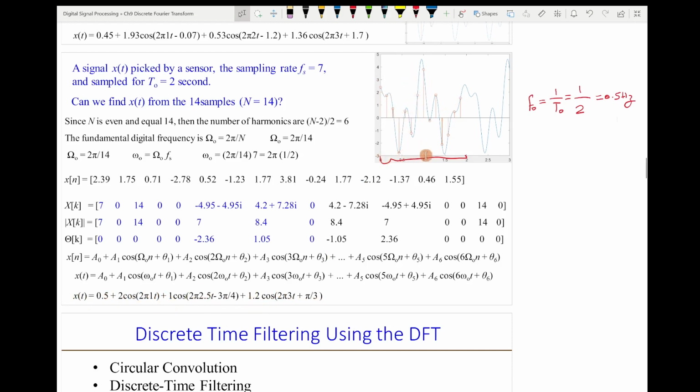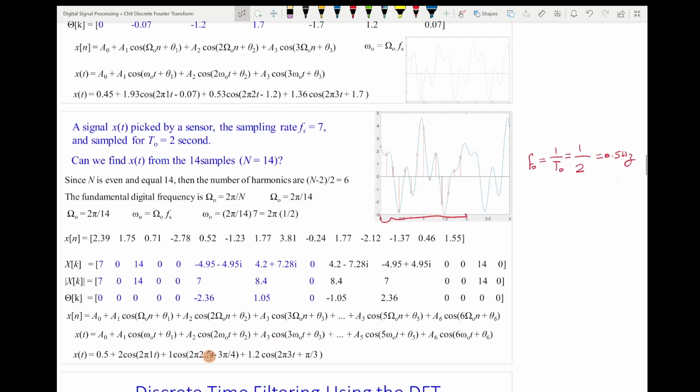Because I made my sampling interval 2 seconds, the frequency resolution is 0.5 hertz, so I was able to detect this 2.5 hertz sinusoidal signal correctly. Before that, the 2.5 hertz spectral content spread between 2 hertz, with some of it going to 1 hertz and some of it going to 3 hertz, which is not the correct signal.